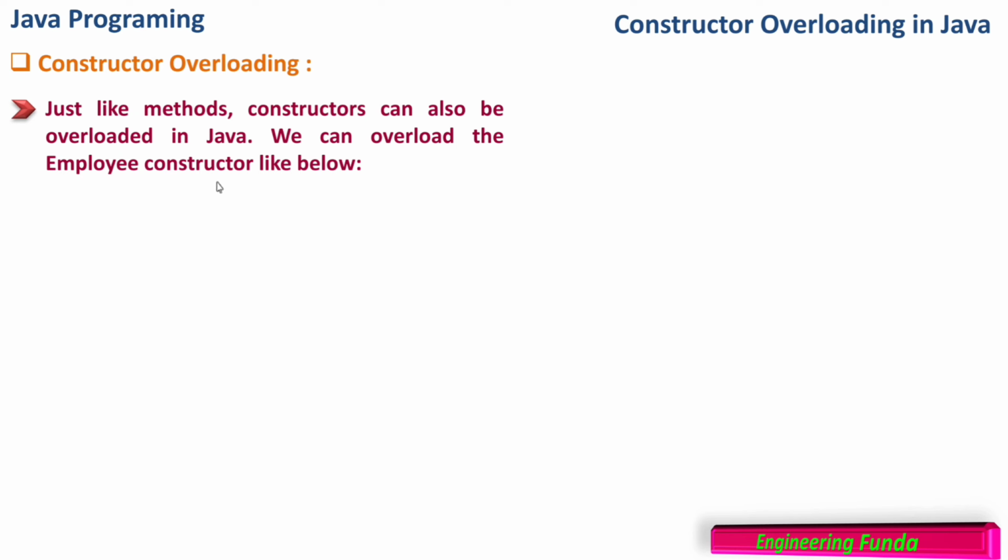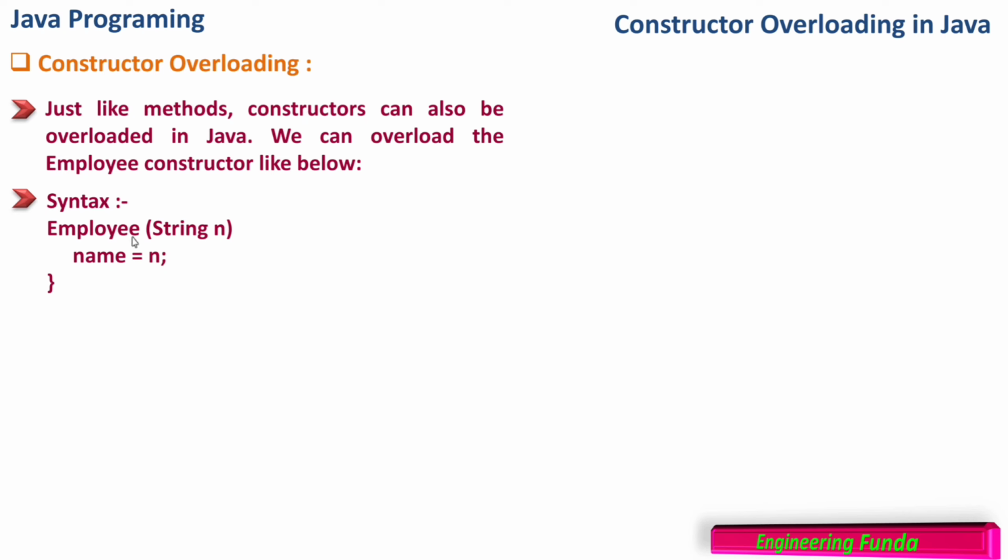The rule for defining a constructor is that the name of the constructor should be the same as that of the class. So we will have multiple constructors within the name employee.